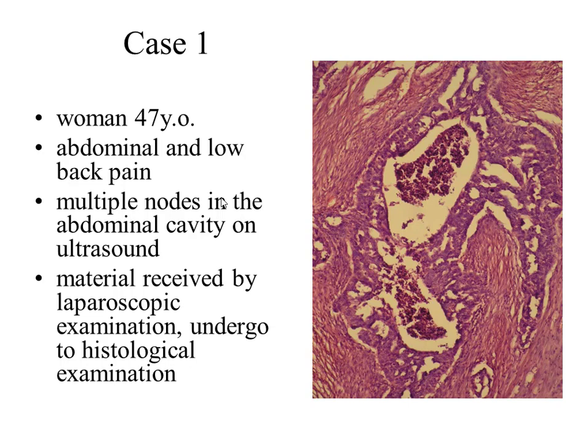The ultrasound found multiple nodes in the abdominal cavity and in the omentum. Under the laparoscopic investigation, the doctor obtained material for histological investigation. On the histology, as I said before, we have growth of malignant tumor in the omentum.